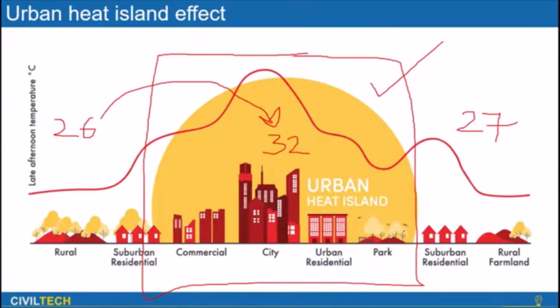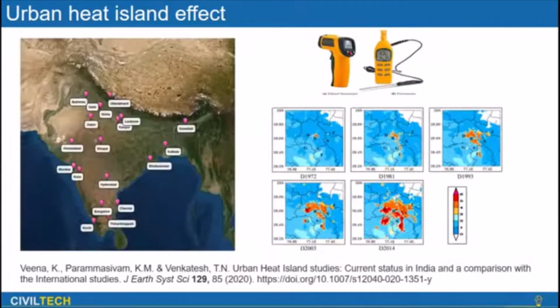Most of the urban agglomerates are experiencing this kind of phenomenon. A study was conducted recently by a few researchers, and they identified the different locations which are experiencing the urban heat island effect, which means that the temperature in these localities is comparably higher when compared to the temperature in the nearby surroundings.